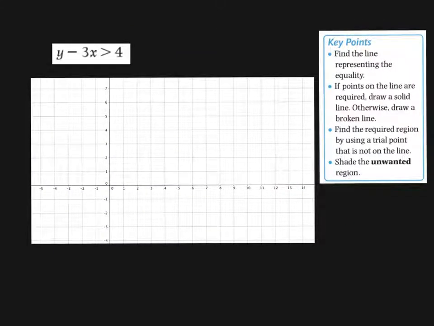How about if I want to represent the solutions of this inequation? First, I will change it into an equation, y minus 3x equals 4, and I'm going to find some points on the line. For example, for x equals 0, y minus 0 equals 4, so y is going to be 4.